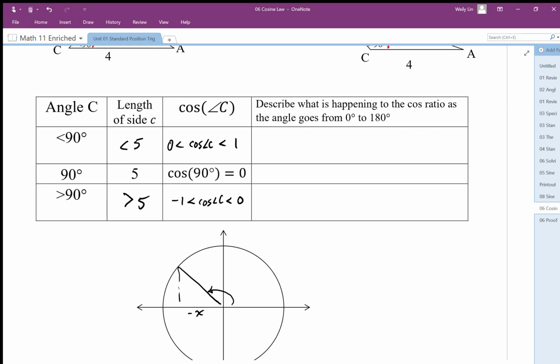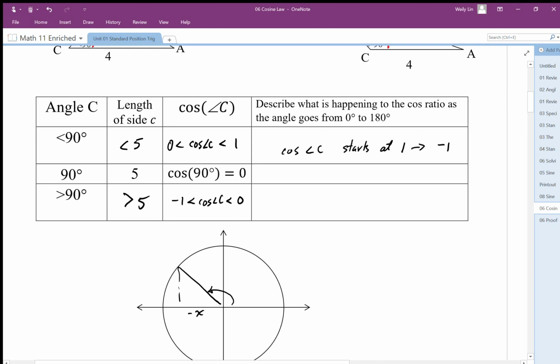So as the angle goes from 0 to 180 degrees, cos of angle C starts at 1 and goes to negative 1. As we increase this angle, we're going from a cosine value of 1 all the way to negative 1.